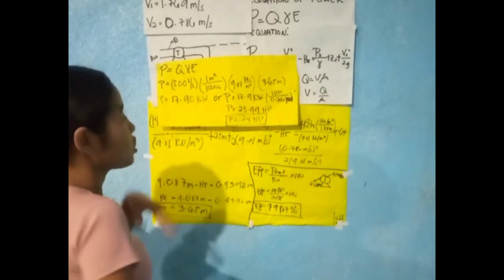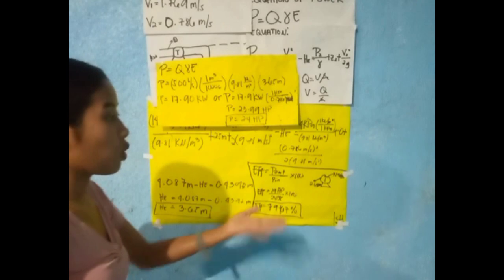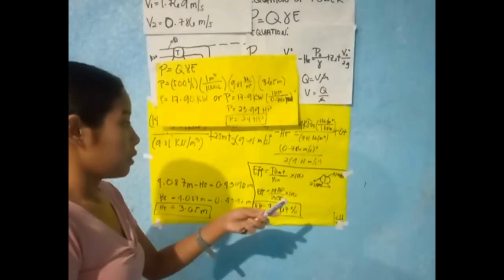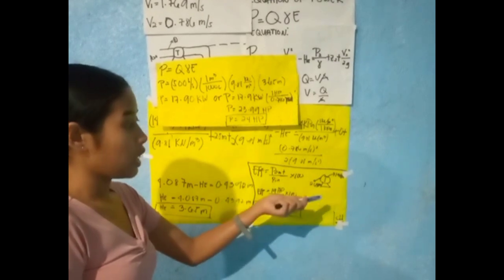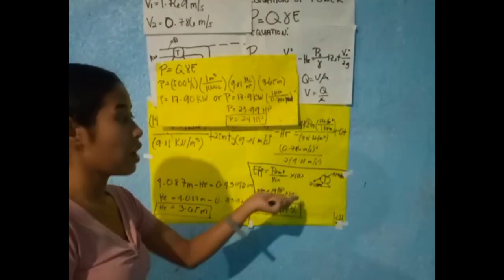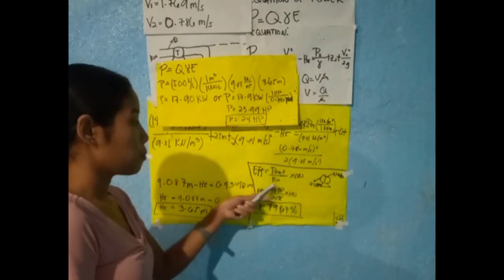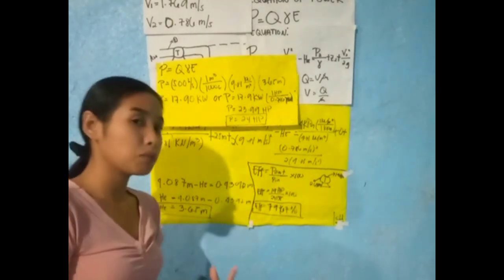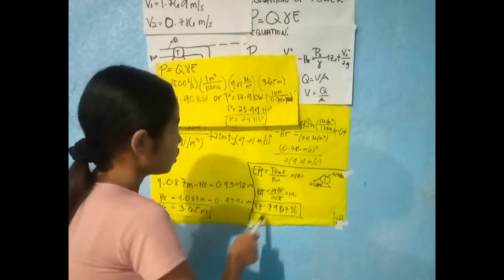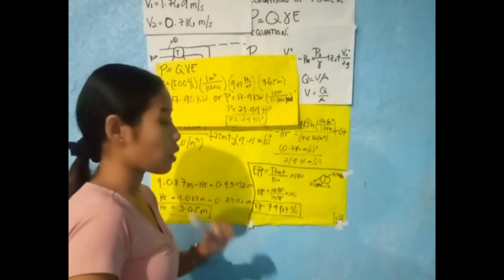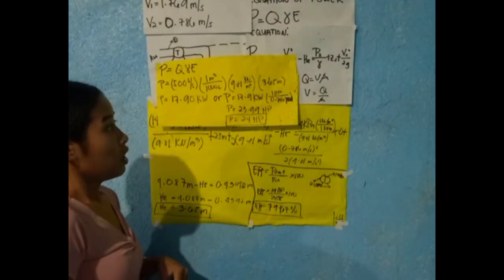We got 24 horsepower. And we try to answer the efficiency of our motor. If we have 19 horsepower in P out and 24 horsepower in P in, then we multiply by 100 and get 79.167%. This is our efficiency in motor.